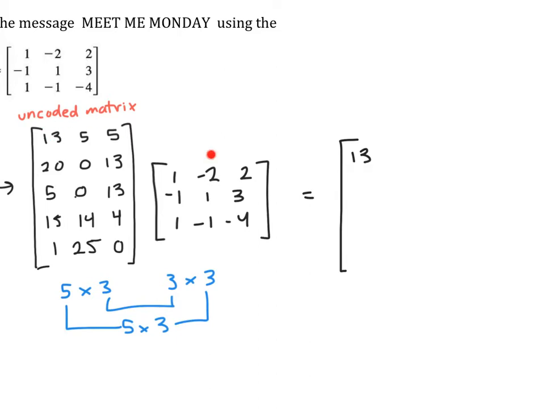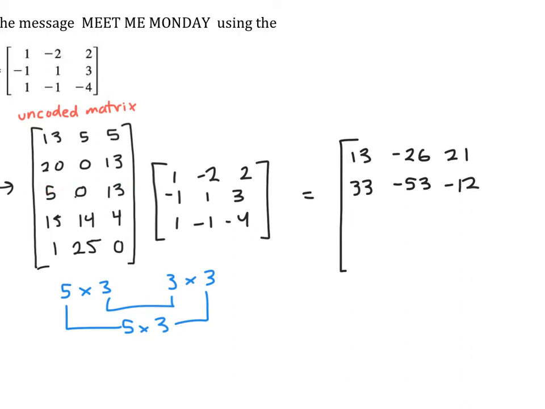And then we do the same thing with our second column, 13 times -2 plus 5 times 1 plus 5 times -1, which is -26. And then 13 times 2 plus 5 times 3 plus 5 times -4, which will be 21. So we're going to repeat that same process now with the second row in our 3 columns. That should give you 33, -53, -12.